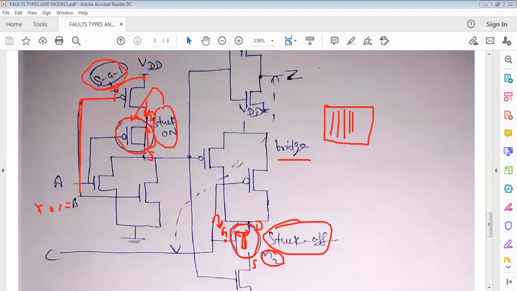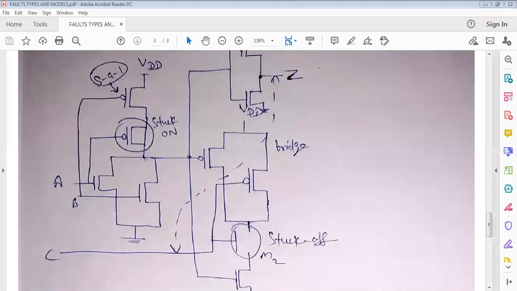Here in the circuit you can see these lines are separated, but in the actual situation these lines are very close to each other. Due to a fabrication failure, there may be a short between these lines. This is called the bridging fault. A bridge can be created between the input and the output.